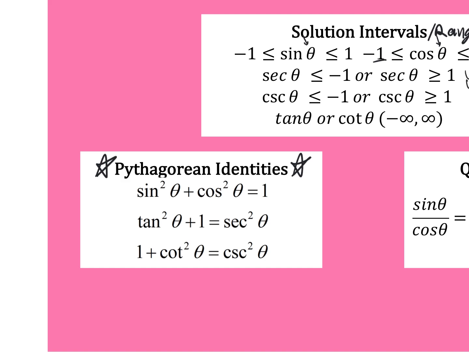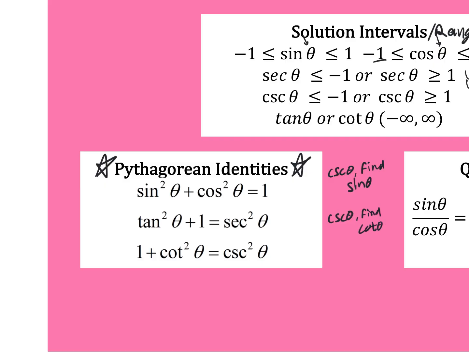If you remember from the previous slide, I gave you cosecant and then said find sine. That was easy because all we had to do is flip it. But let's say I gave you cosecant and then said find cotangent.